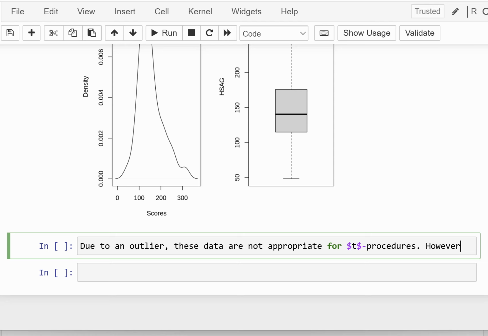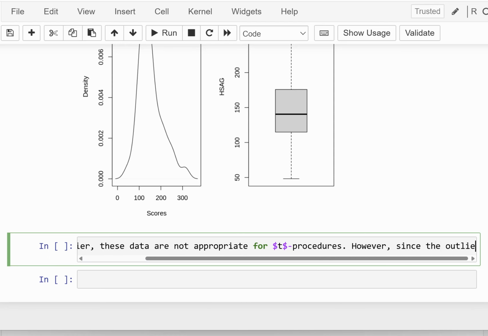However, since the outlier is minor and only one exists, we will run the test and be aware of some possible inaccuracy.